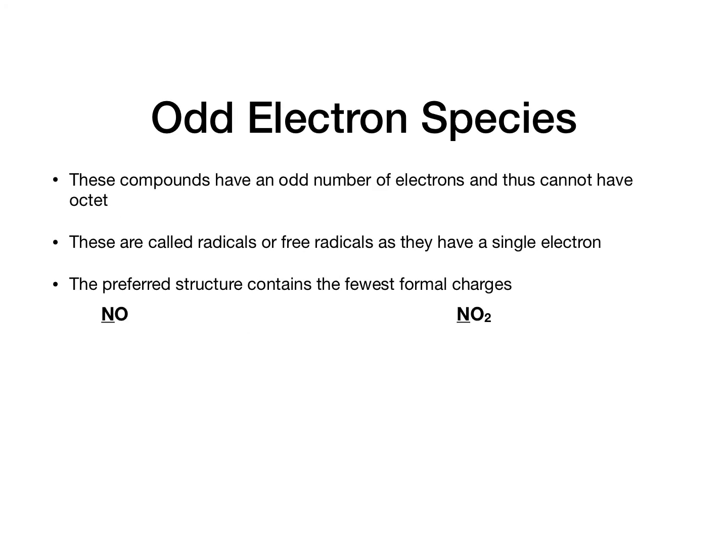So let's look at odd electron species first. They have an odd number of electrons, and they can't have octet, because if you have an odd number, someone will have less than 8. So for NO and NO2, the valence electrons here are 5 plus 6, and that gives you 11.